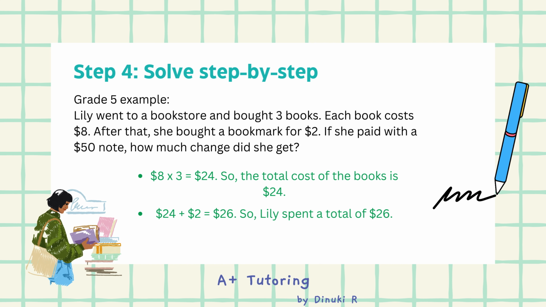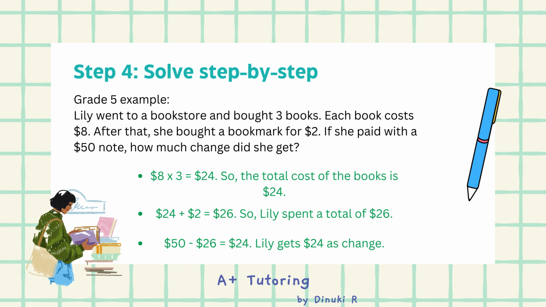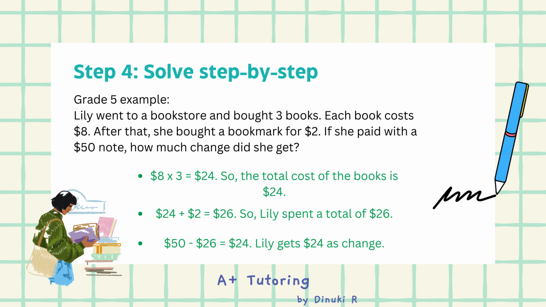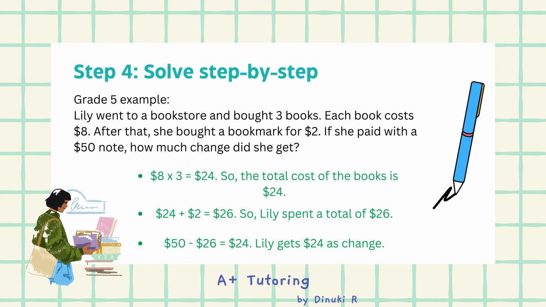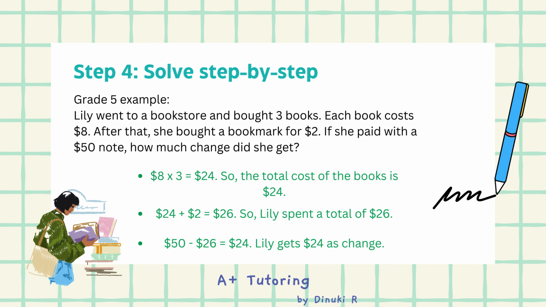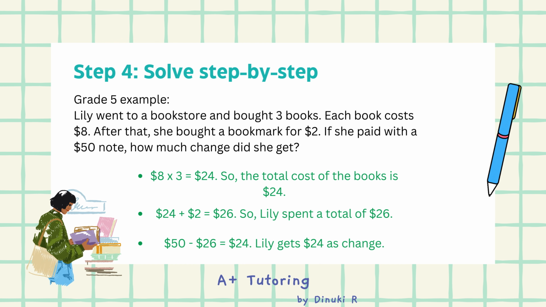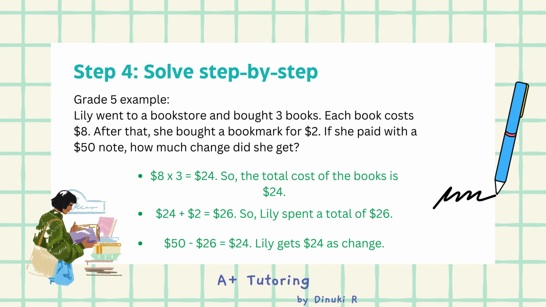Finally, we have to figure out how much change Lily's going to get. So to do this, we need to subtract the total cost from the $50 that Lily paid with. So 50 take away 26 gives us 24. So our final answer is $24 that Lily will get as change.